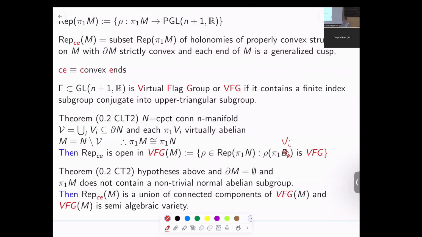So in this case, you have this nice result that the properly convex structures, you kind of know what they are. This was motivated by examples. People had examples for three-manifolds, not complements of representations. One wanted to know that they corresponded to projective structures, and this theorem says they do.